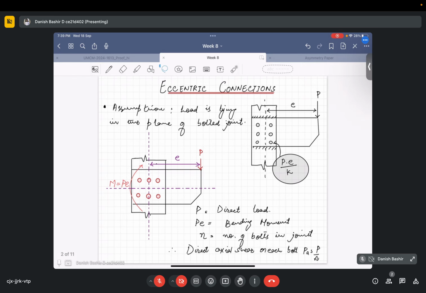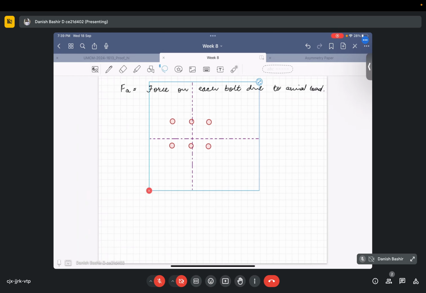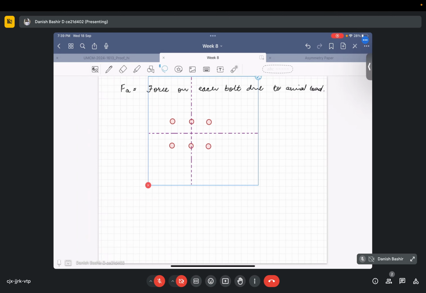And we need to take this axis also. This is our enlarged view of our bolts.